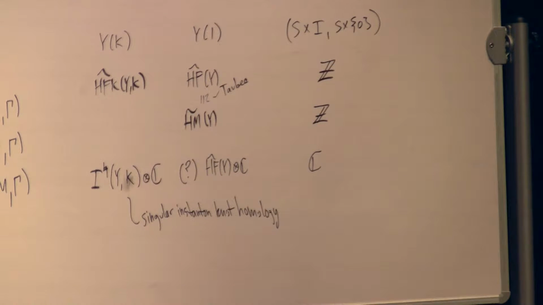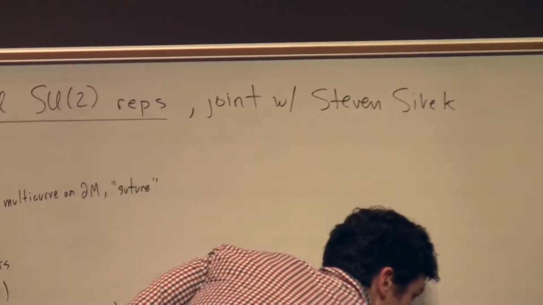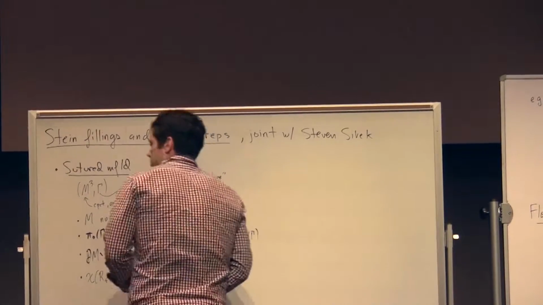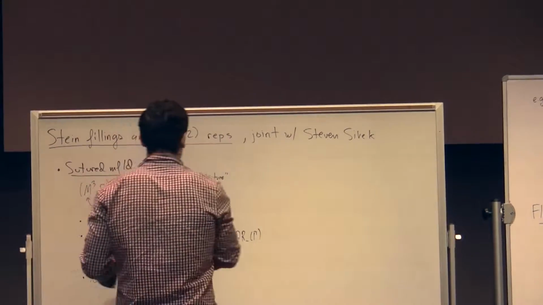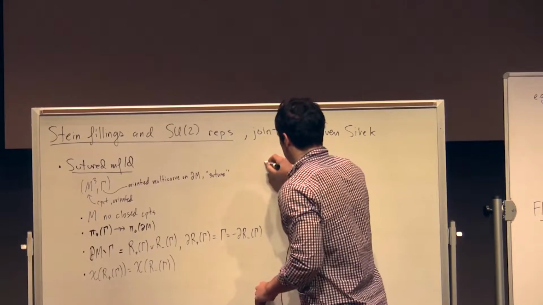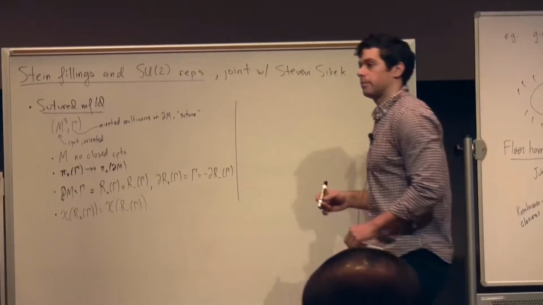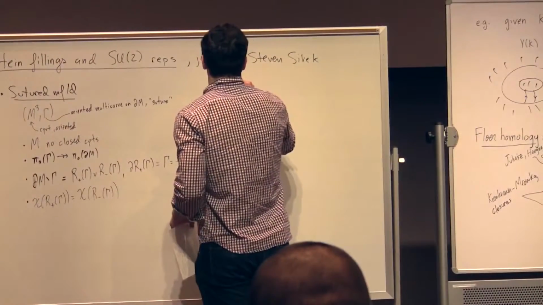So, as I said, starting with a contact manifold with boundary, you should get an element in the sutured Floer homology. I said that a contact manifold with boundary is naturally a sutured manifold. So maybe that's the first thing I should explain, now that we've defined sutured manifolds. The types of contact manifolds with boundary we'll study are contact manifolds with what's called convex boundary.